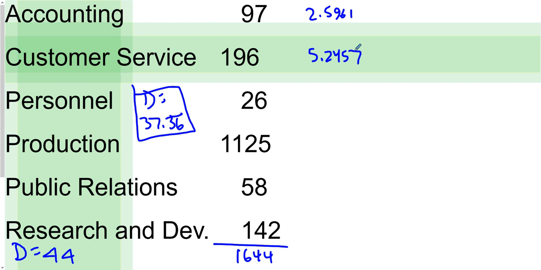Okay. 26 divided by 37.36 is 0.6959. Okay. And I'm going to take these numbers and I'm going to scoot them over.